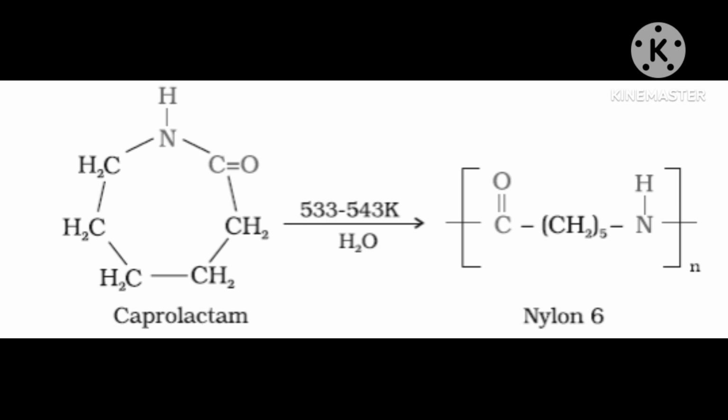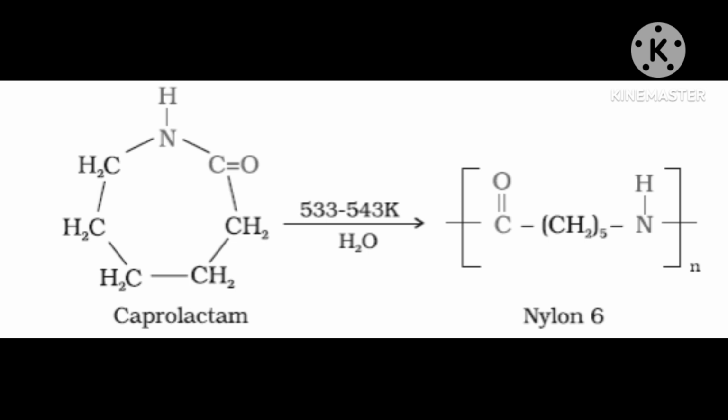Then dacron or terylene is the best known example of polyester. I have already discussed the reaction, the terylene reaction, dacron. Here the diol is ethylene glycol, and the dicarboxylic acid is benzene 1,4-dicarboxylic acid.